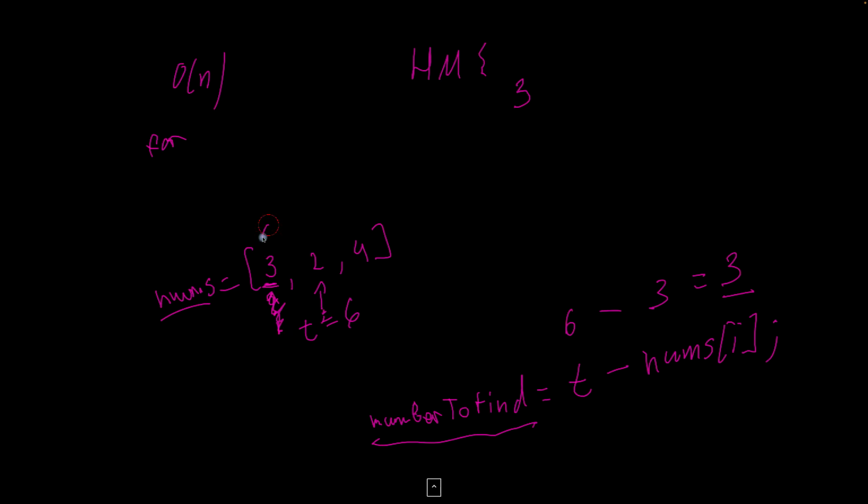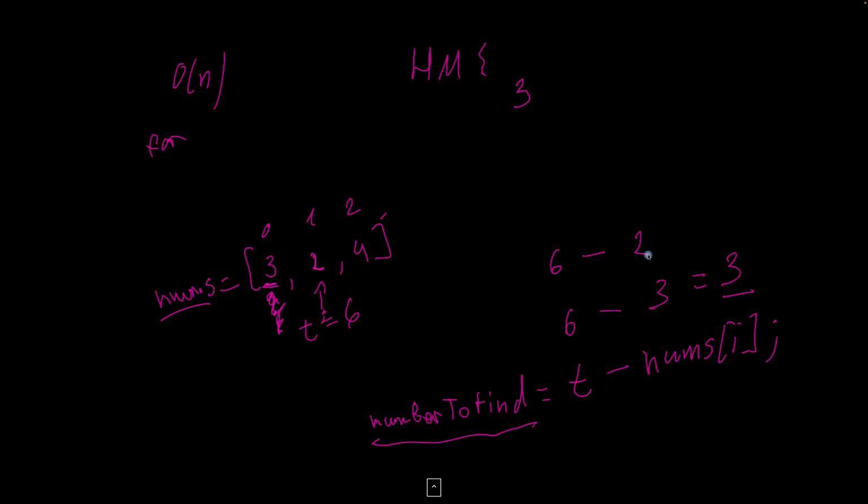I is pointing at 2 at index 1. And what we have now? 6. First we check if this number is in the hash map. And no, it's not, right?